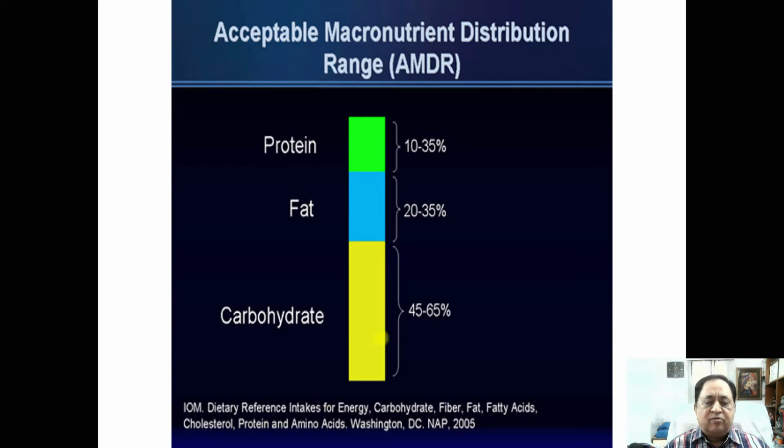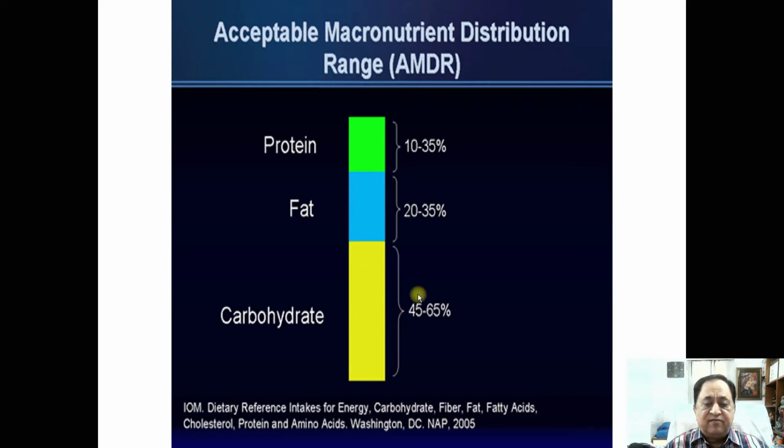Because the acceptable macronutrient distribution, which has been taught to us since the last 3 decades, shows this type of components acceptable. Now, I personally suggest to my audience here today to always see that carbohydrate content is not crossing beyond 50 or 55% in the diet you are recommending to your patient who is trying to reduce weight.